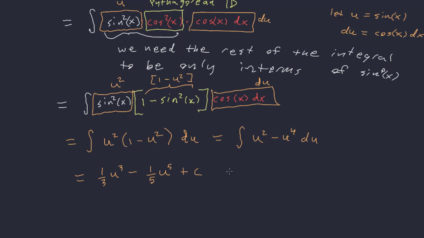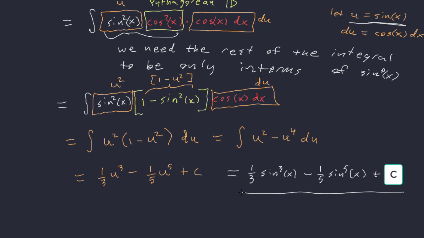The only thing we need to make sure of when we integrate is that we put our x's back in at the end. So all we need to do is put our x's back in. The u up here was our sine of x, so we just replace our u's with sine of x. So we'll get 1/3 sine cubed of x minus 1/5 sine to the 5th of x plus c, and there we go.